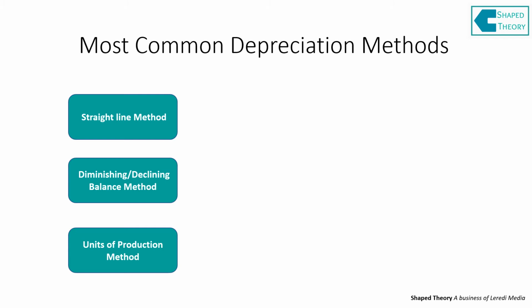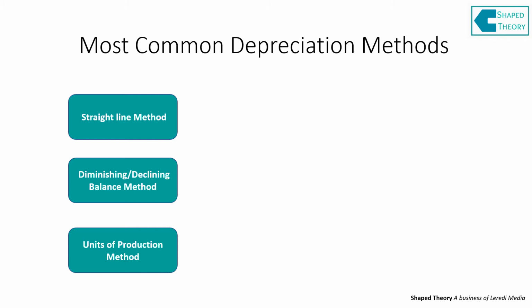It has to be noted that on this method, management has to perform a detailed assessment of estimated units that can be produced by the asset. As I've mentioned before, this depreciation method is mostly applied to production assets or assets that are used in a manufacturing setup.